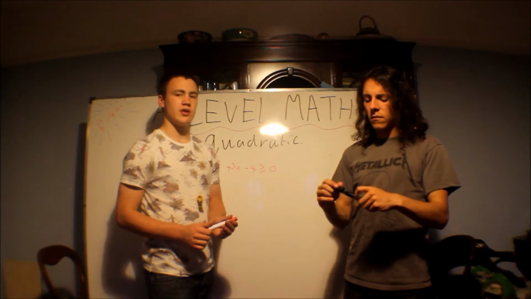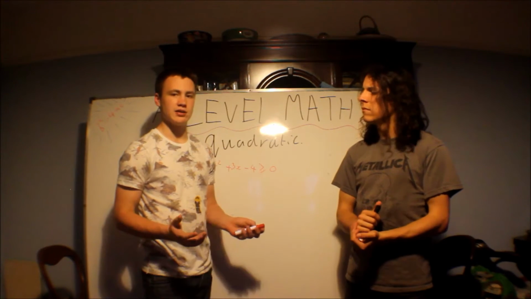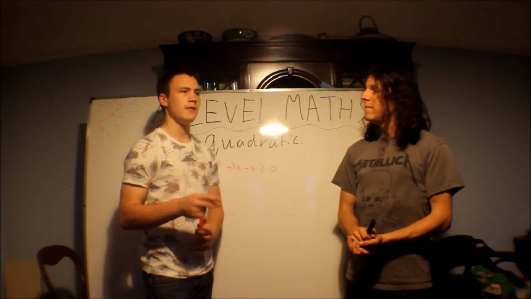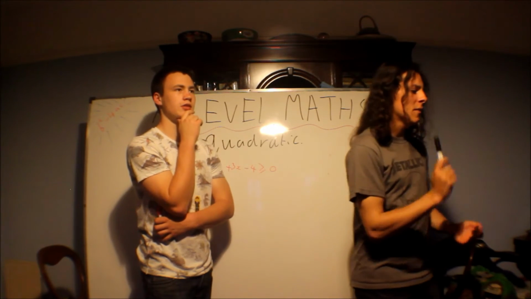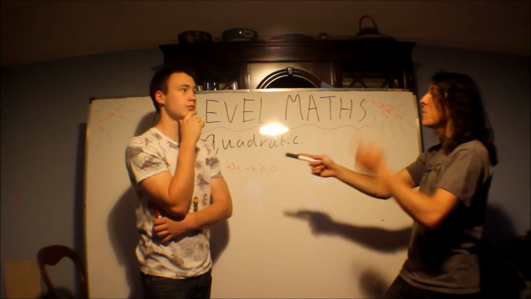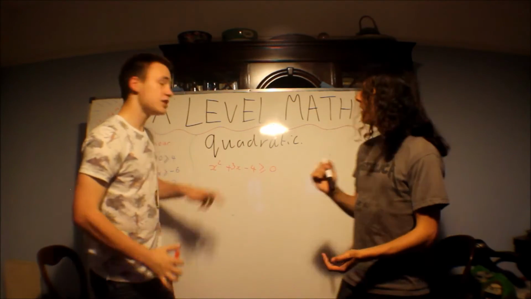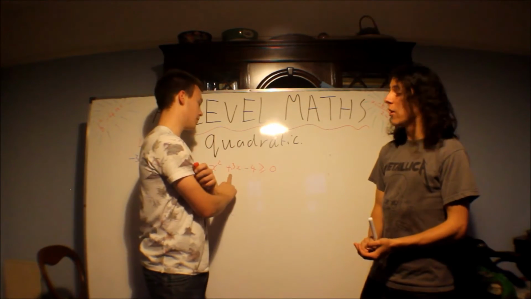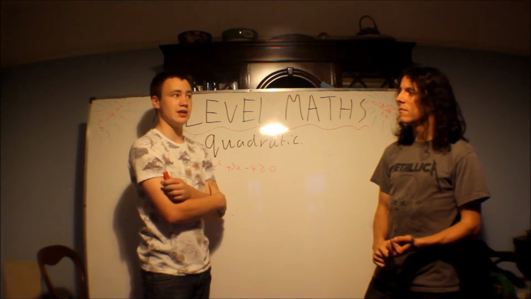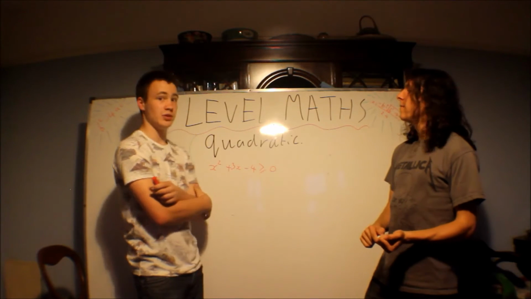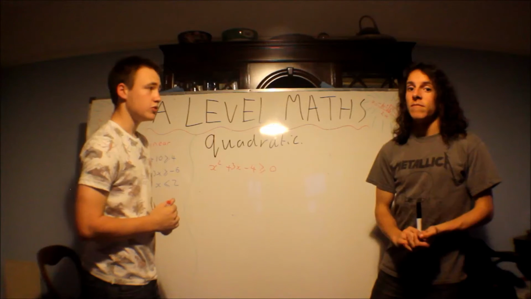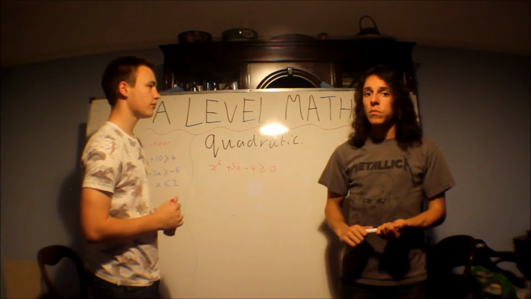You don't want to try and factorise it for ages and then realise it doesn't work. You want to use the discriminant, b squared minus 4ac. So 9 plus 16, 25, positive. So 2 roots.